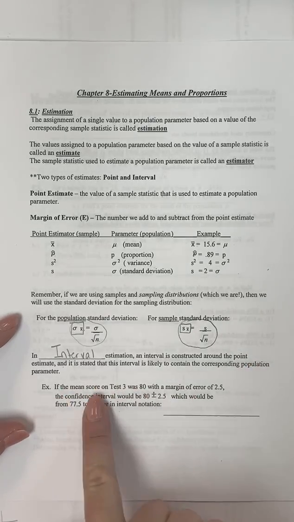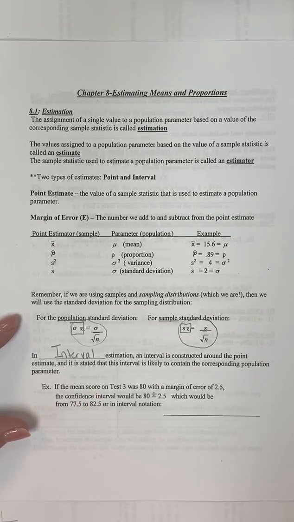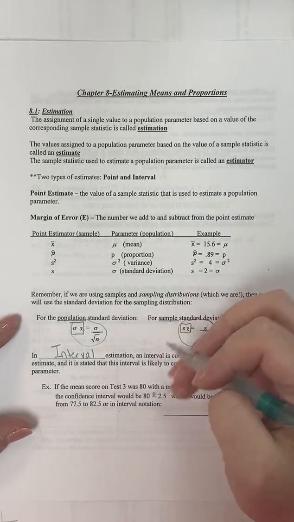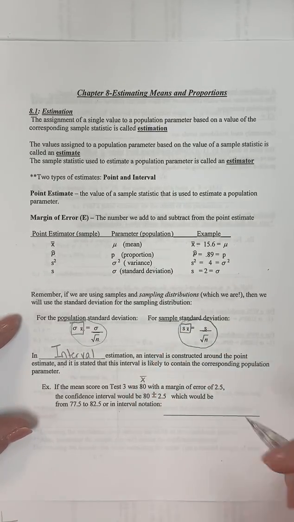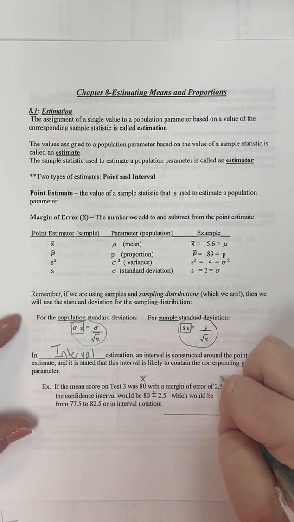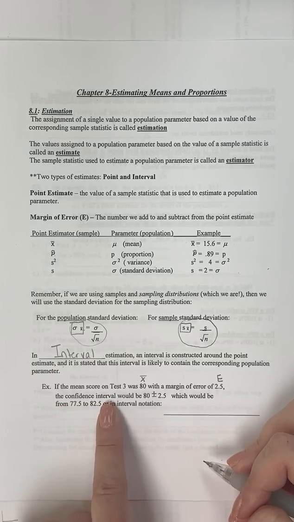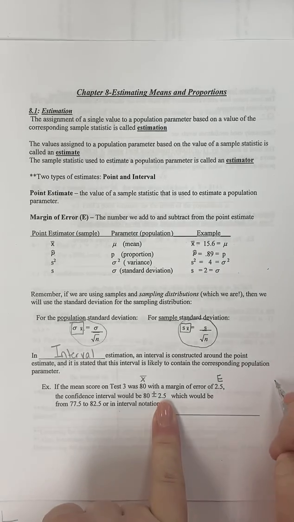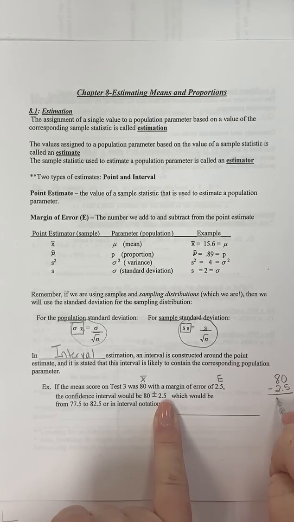So let's look at this example. This is a very simplified example because we don't really have to calculate much. We're given information, but let's say the mean score on test 3 was 80, so that's our x bar, with a margin of error of 2.5, that's our E. The confidence interval would be 80 plus or minus 2.5. So we take our 80 and subtract 2.5, we get 77.5.